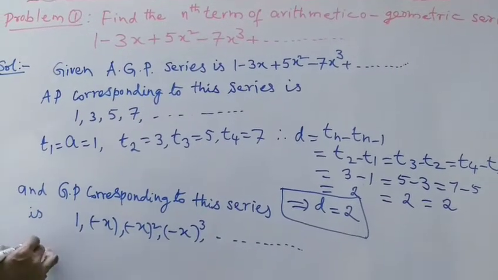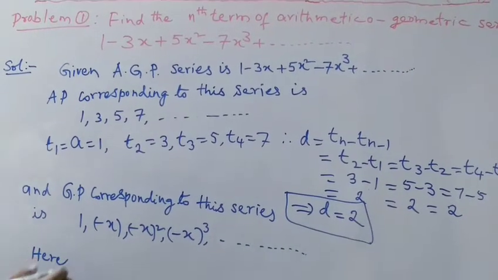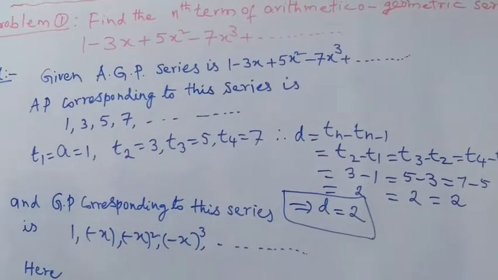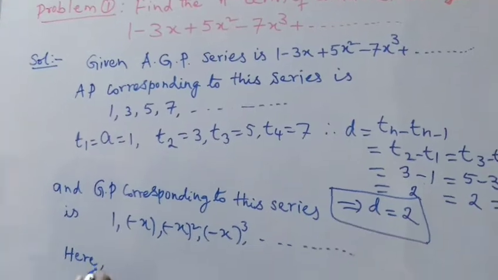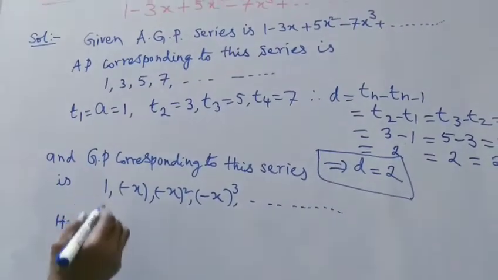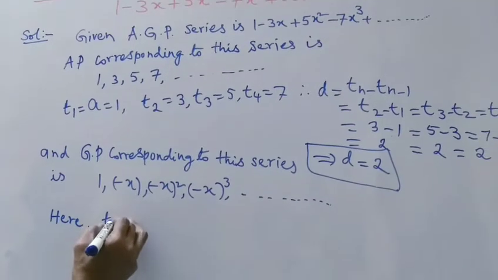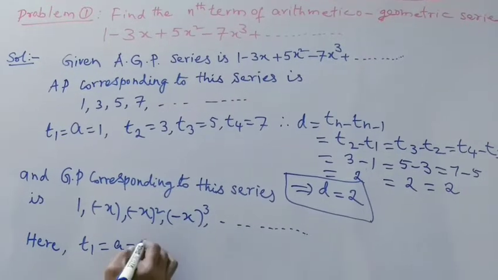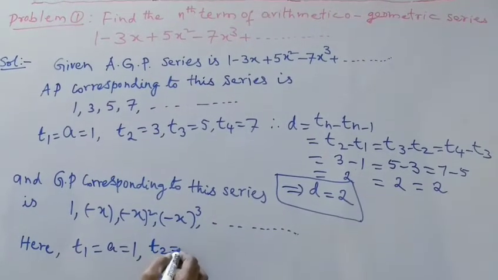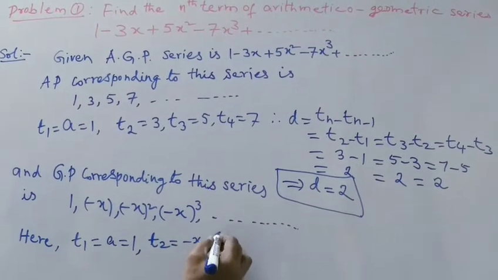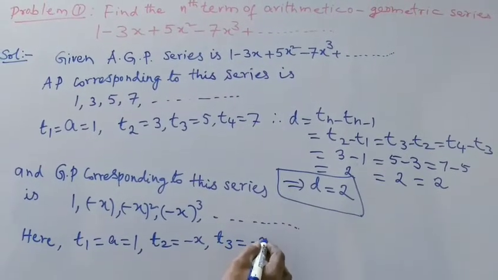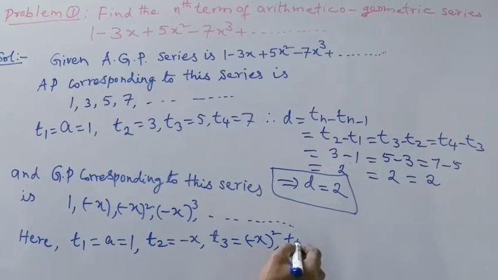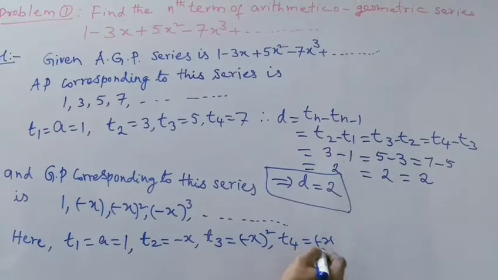Here the first term T1 is equal to a is equal to 1, the second term T2 is equal to minus x, the third term T3 is equal to minus x whole square, and the fourth term is equal to minus x cube.